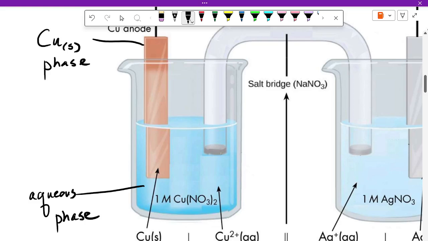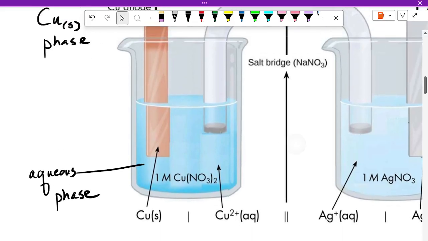So when we're going to make a notation for this cell, rather than writing out the entire copper anode and then drawing out the whole beaker and filling it with solution, we can just write copper solid as our first phase. And then we're going to draw our vertical line. Okay, that is our phase boundary.